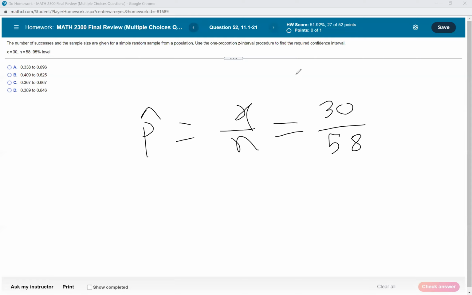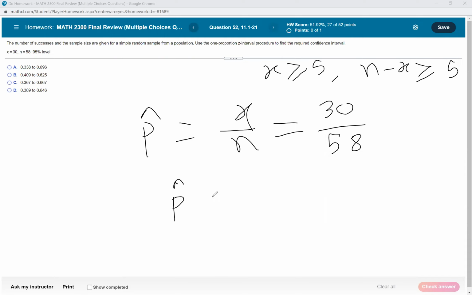First check whether the Z interval is appropriate or not. x should be greater than or equal to 5, and n minus x also greater than or equal to 5. So x is clearly greater than or equal to 5, which is 30, and n minus x is 28, which is also greater than or equal to 5. So that means the Z interval is appropriate.